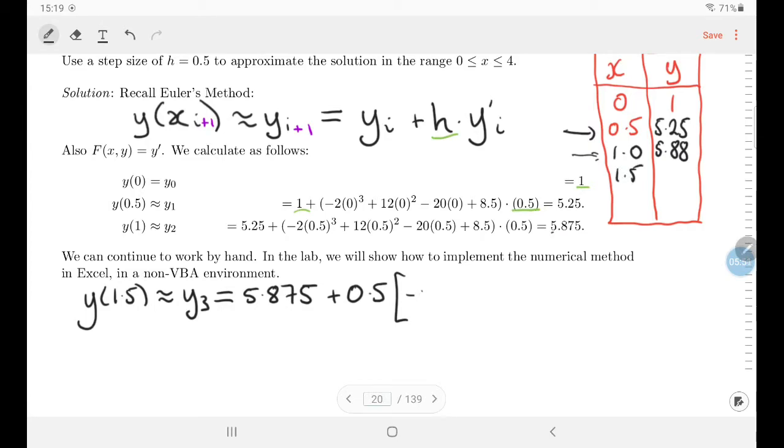So we're going to have minus 2 times 1 cubed, plus 12 times 1 squared, minus 20 times 1, plus 8.5. Jeez, I've done it again. My bad. Sorry. A bit of sleep deprivation at the start of the year.